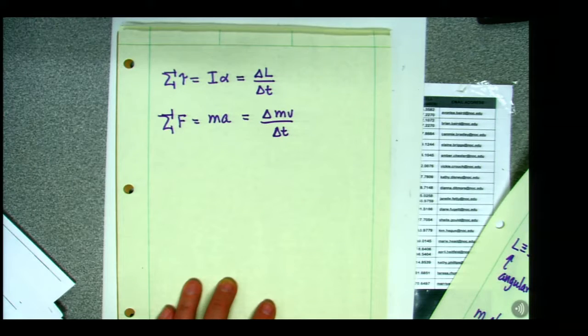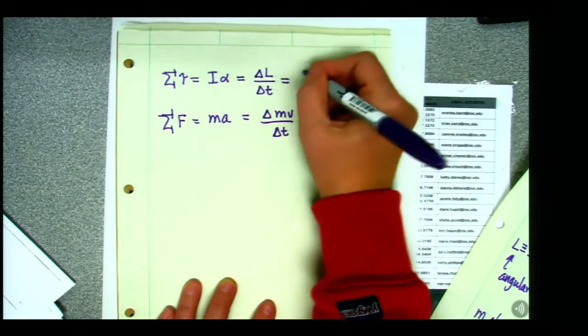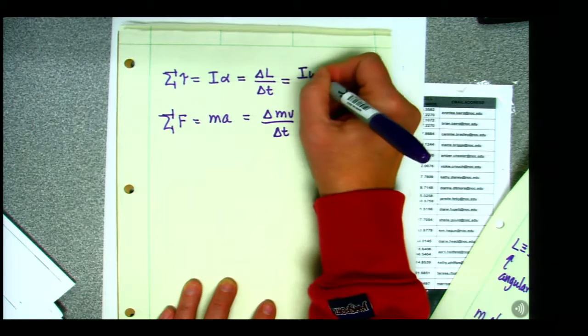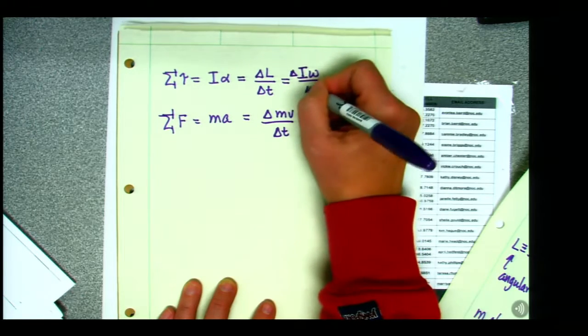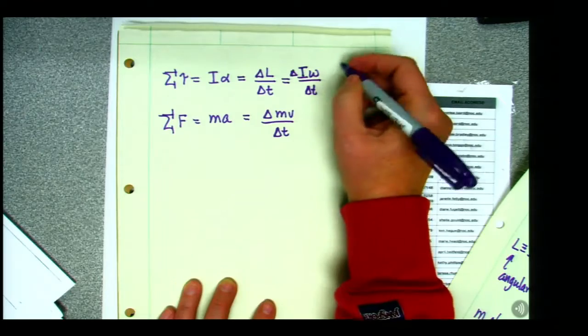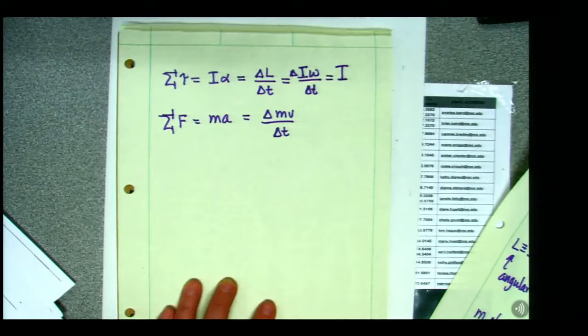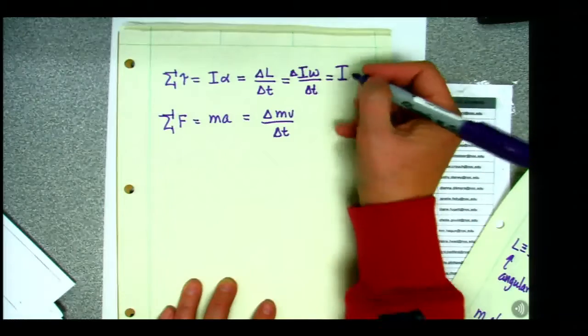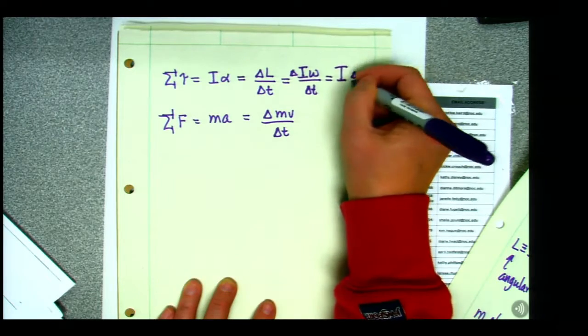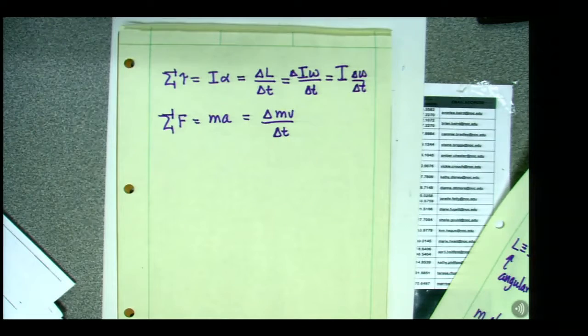So I can do that. And we know what L is, right? L is now I omega, so I can do a change in that with respect to time. And we don't usually change our moment of inertia, just like we don't usually change the other. So we've got similar types of problems that we can play with, just like we have done in the past.